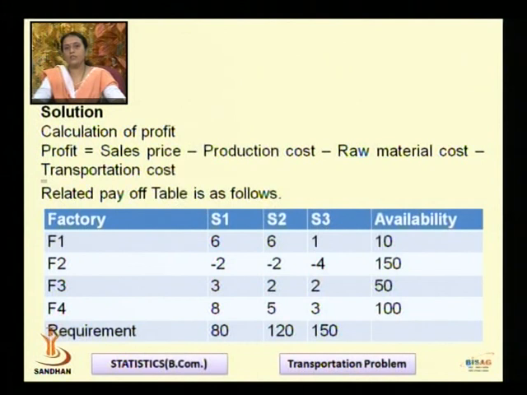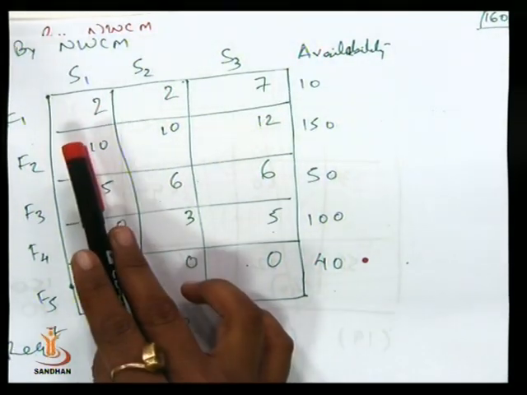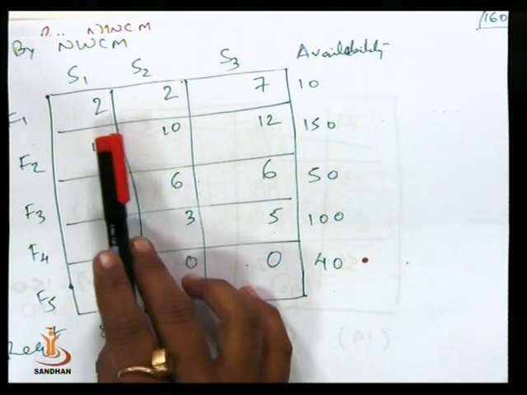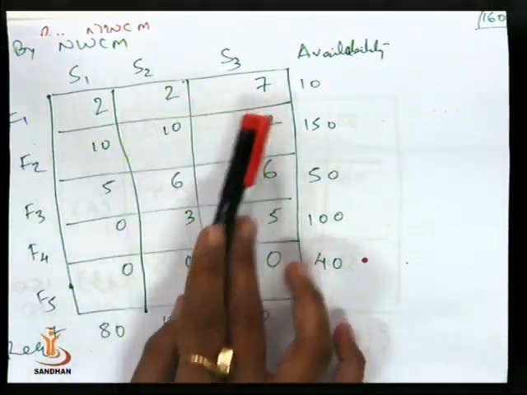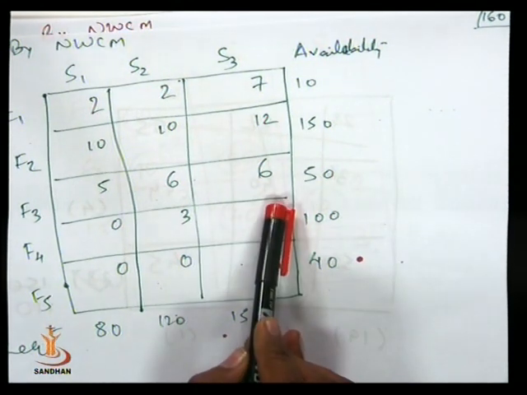Now this profit table we convert into a loss table. Otherwise, this maximization problem we convert into a minimization problem by selecting the highest profit, which is 8, and subtracting all the corresponding profits from it. We get the profit table converted into a loss table as 2, 2, 7, 10, 10, 12, 5, 6, 6, 0, 3 and 5.